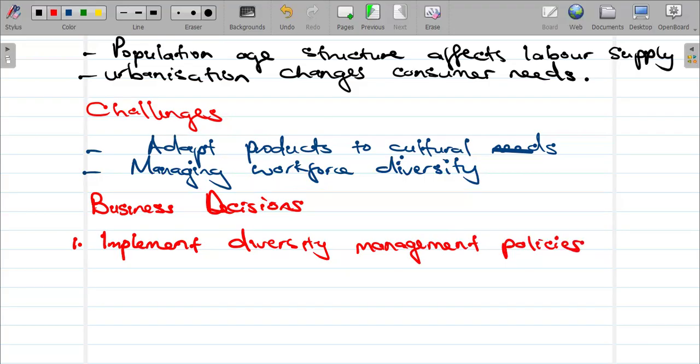Also can introduce culturally appropriate products, introduce products that are related to a specific culture.